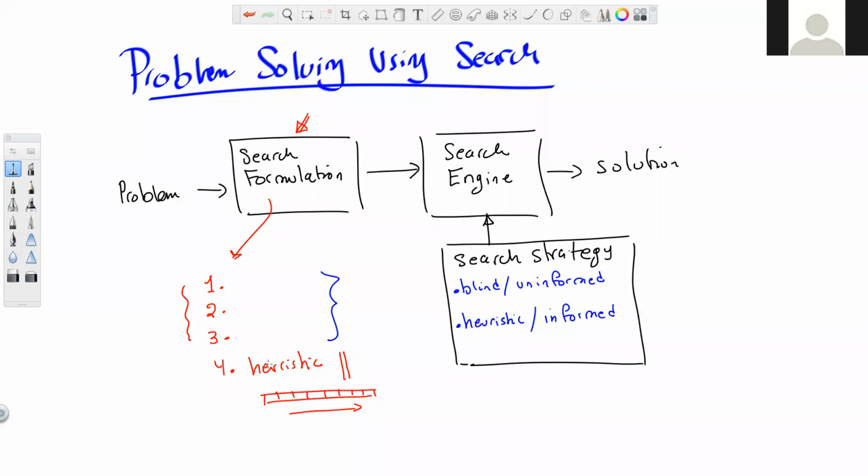And these 3 components are what we call the initial state, final state, and actions. So you take your problem and define the initial state, the final state, and actions. And then you've got a definition of the problem as a search problem. And then the search engine can start doing its work once you give it a search strategy.